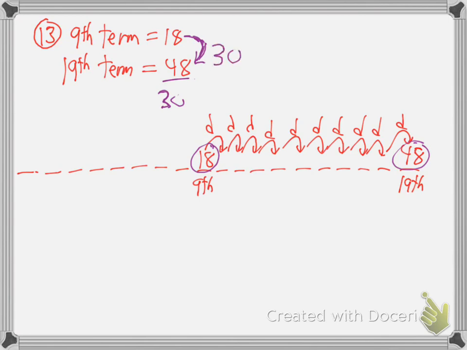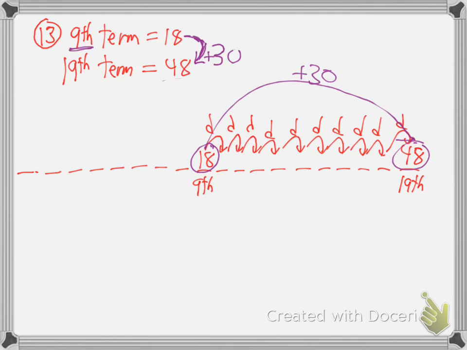It went up by 30, didn't it? From 18 to 48 goes up by positive 30. How many equal jumps made us go up by 30?